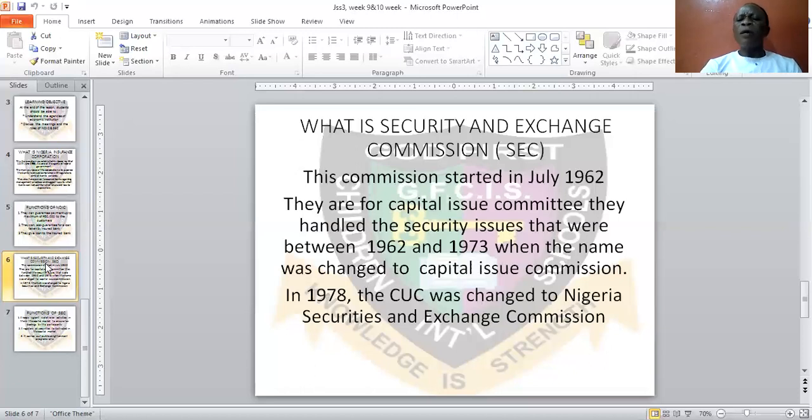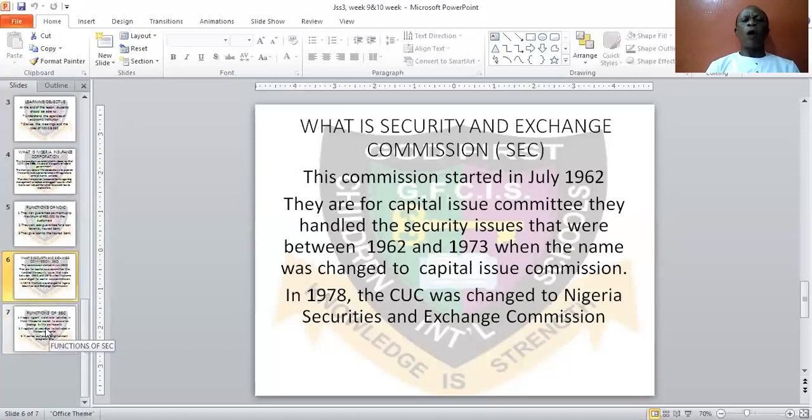It also involves the foreign exchange markets. So this SEC sees to the depositors in the bank concerning the Capital Exchange Commission.